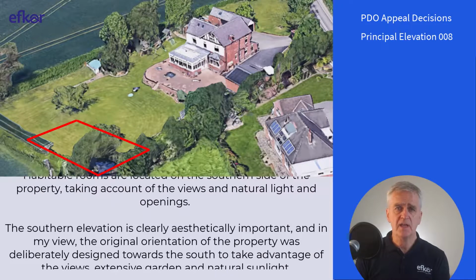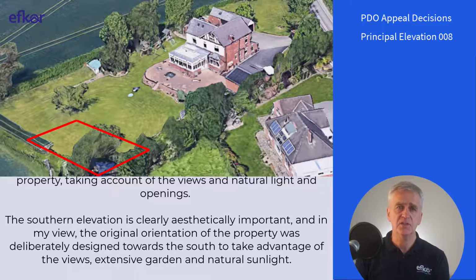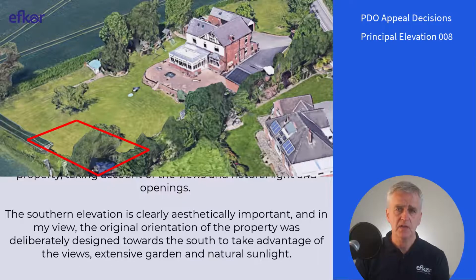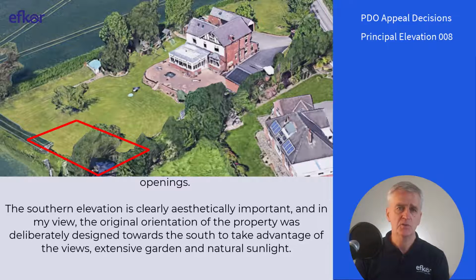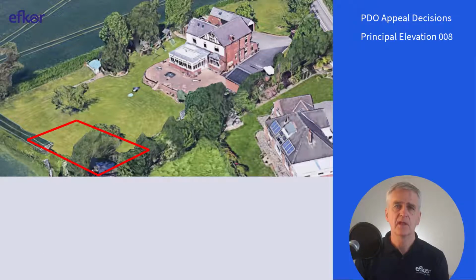The southern elevation is clearly aesthetically important, and in my view, the original orientation of the property was deliberately designed towards the south to take advantage of the views, extensive garden, and natural sunlight." All of these comments supported the southern elevation as the principal elevation.